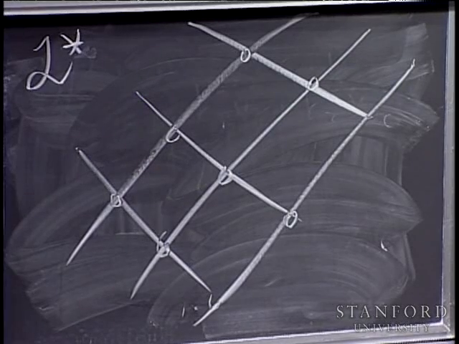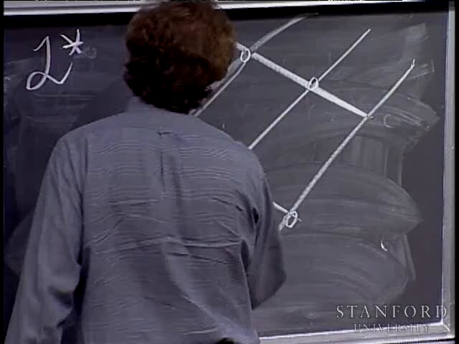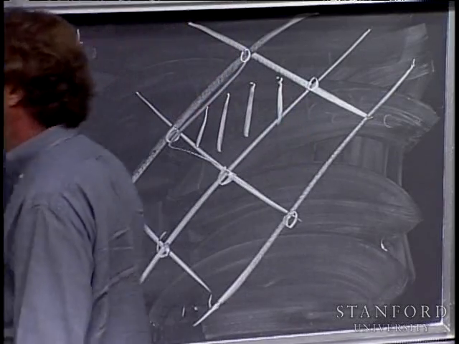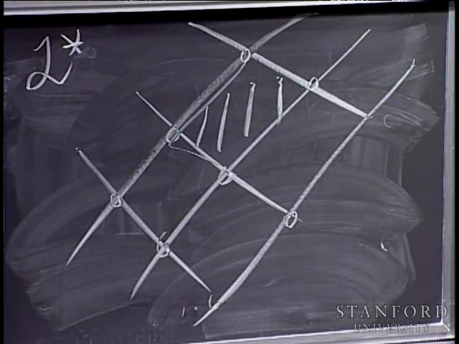And in fact, as you can easily check, the area of L star, that is to say, the area of one of these fundamental polygons, is the reciprocal of the area of the other lattice.